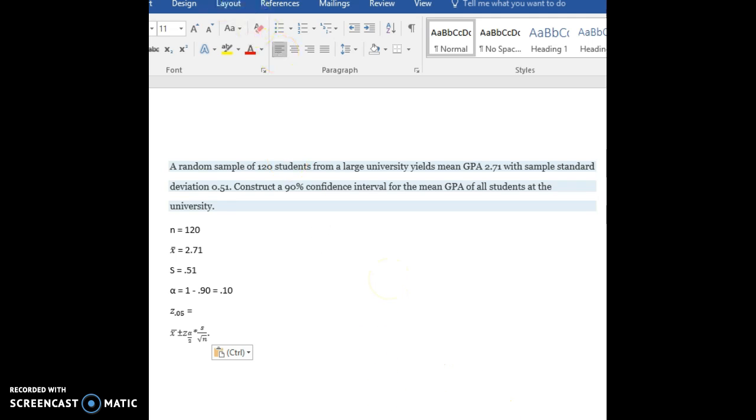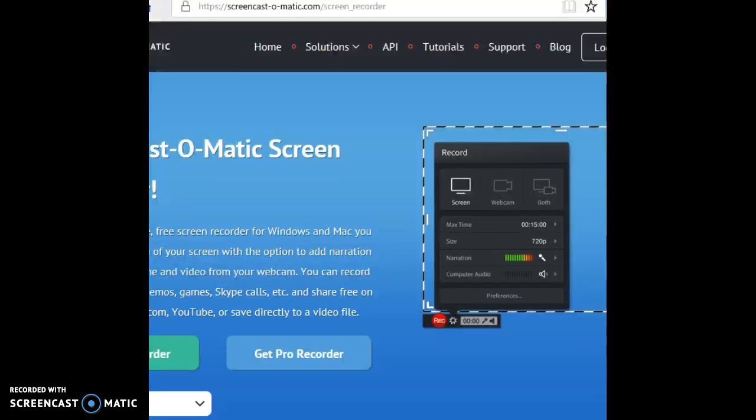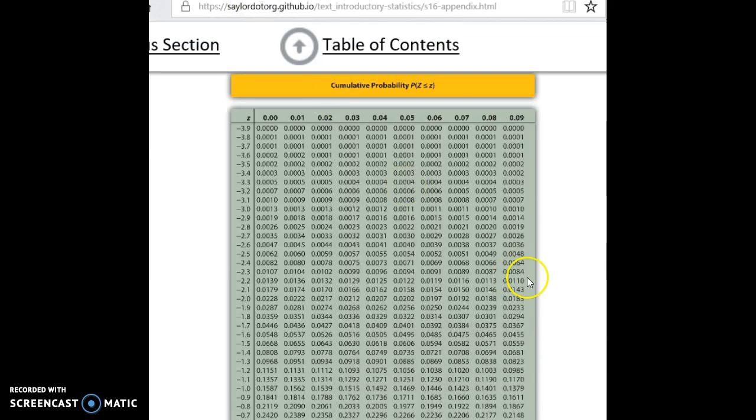All right, so I'm going to go to the table and look up the closest thing we can to 0.05. Now let's notice, here's 0.0505 and 0.0495, and they're both the same distance away from 0.05.